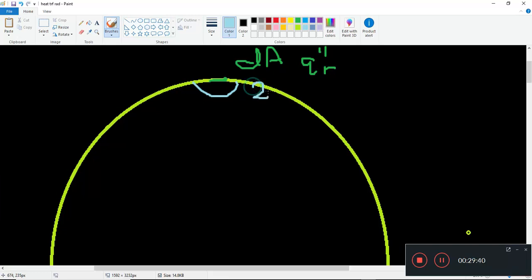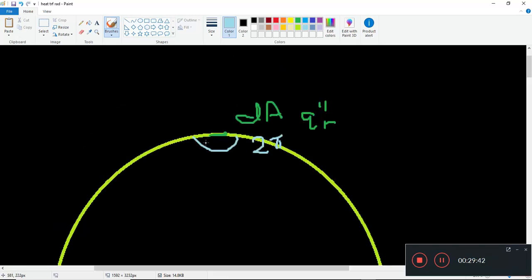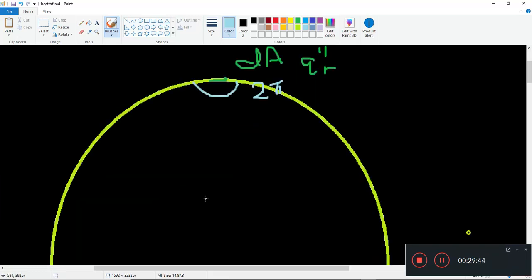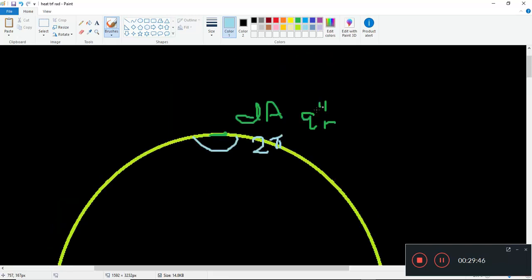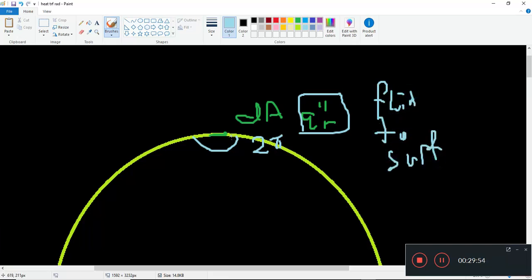Why? Because we want to consider the heat flux from fluid to the surface or the boundary, right? This yellowish color thing. There's basically no fluid over here. There's only fluid down here. So that's why you just integrate all the radiation coming in.